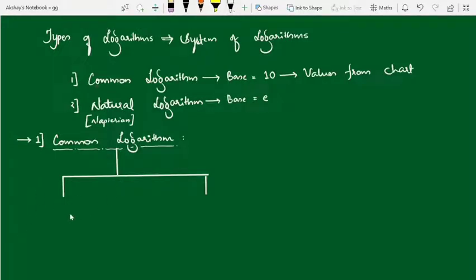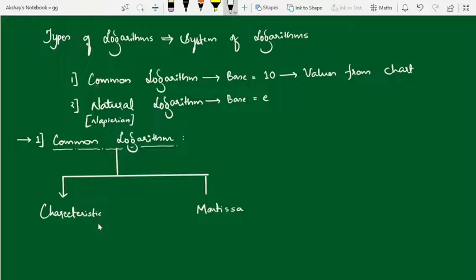Okay. So in common logarithm, I have the first part, which is known as the characteristic, and the second part, the mantissa. Now, most important: to read the characteristic value, we don't require a logarithm table.